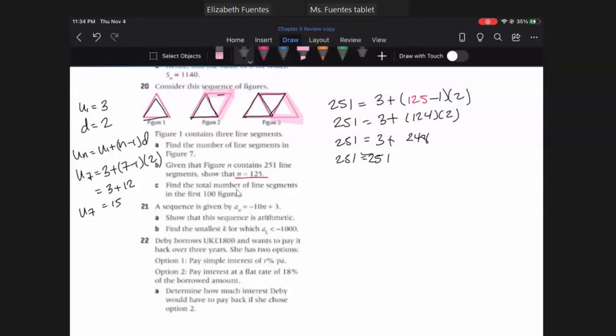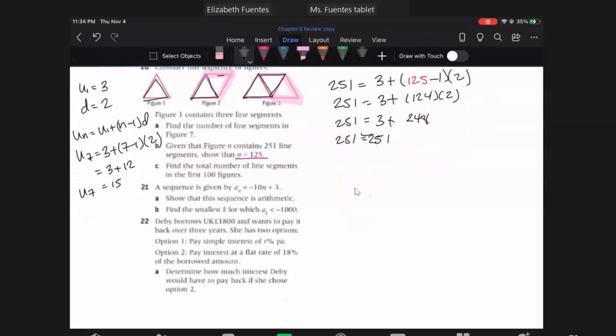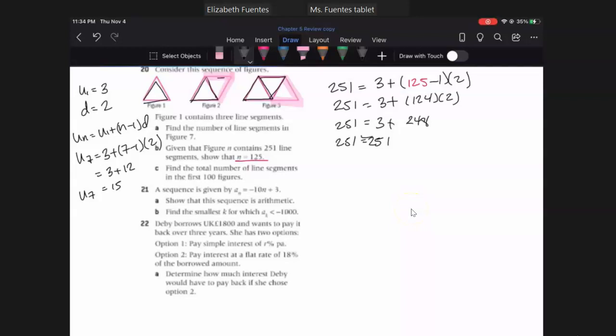That's how you show that. So if it says show that, you have to show it by hand. A lot of times the show that's are pretty simple. It just means plug in both values. So in this case, the 251 line is my output, and the n equals 125 is my input, that n value.